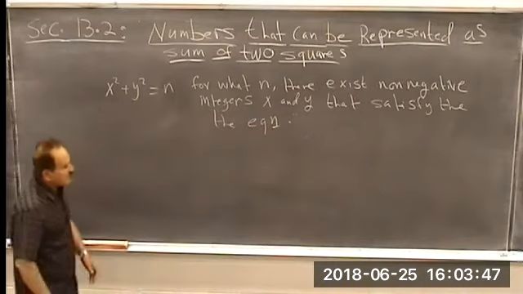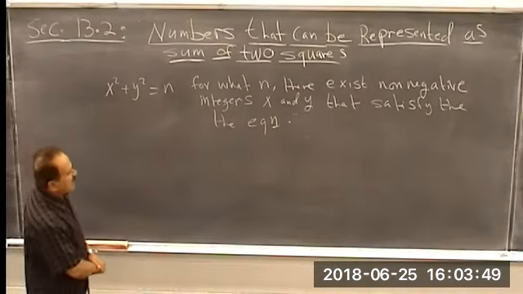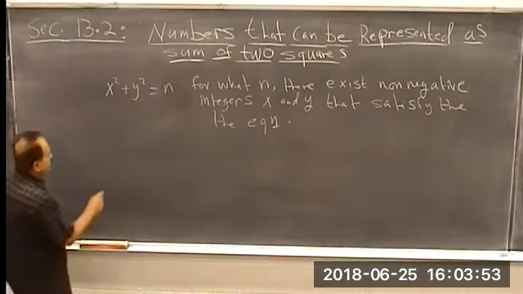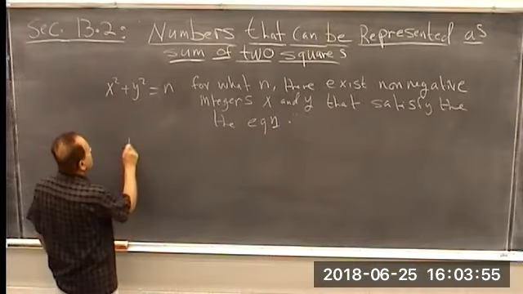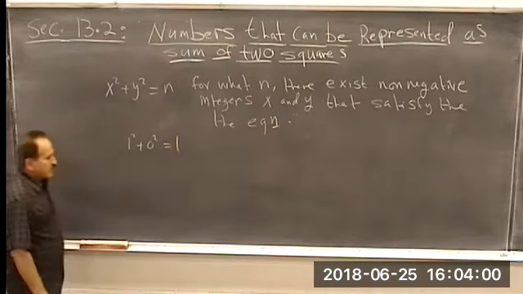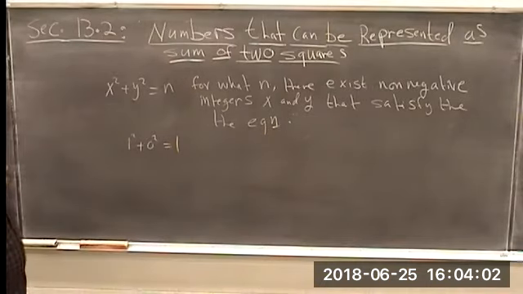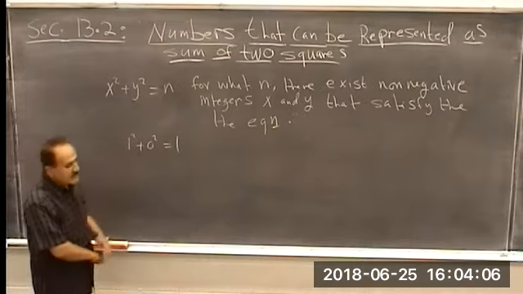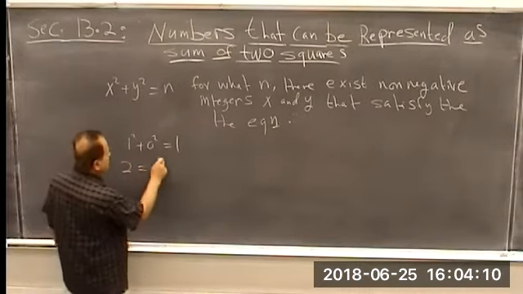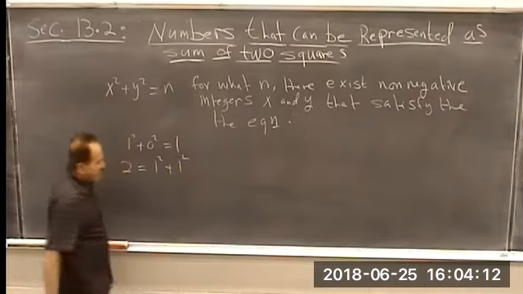Now, it's not very hard to find a few solutions of this. For example, 1 squared plus 0 squared is equal to 1. So n equal to 1 can be represented as a sum of two squares. Remember, we allow 0. We take 2: 1 squared plus 1 squared. This is fine.